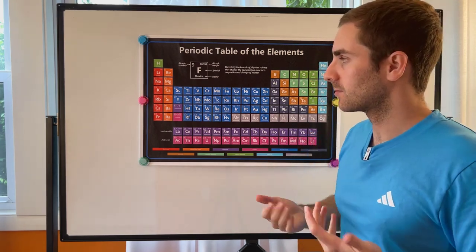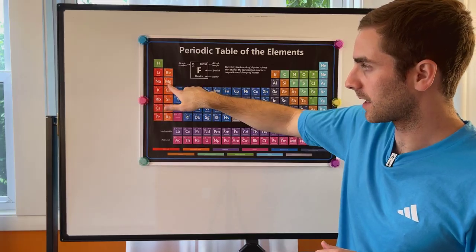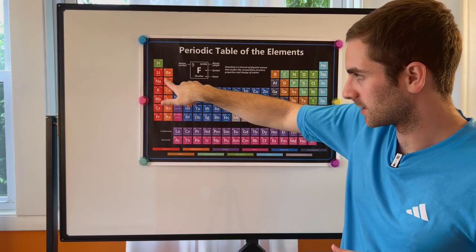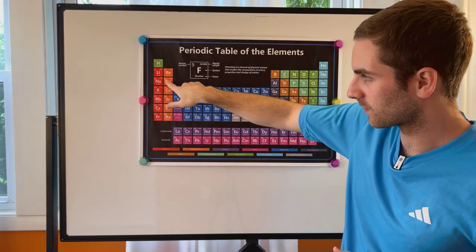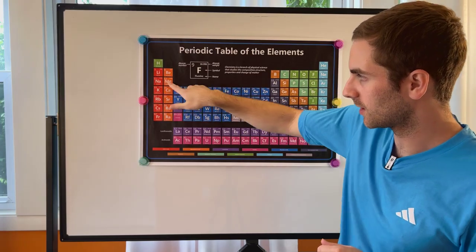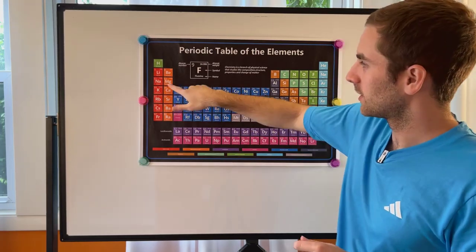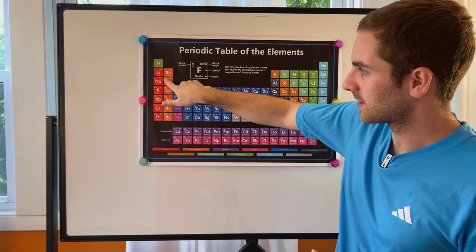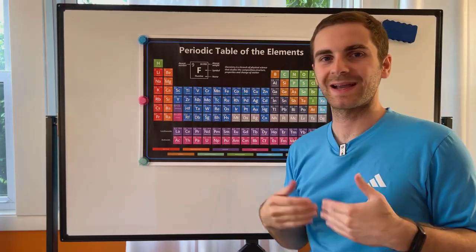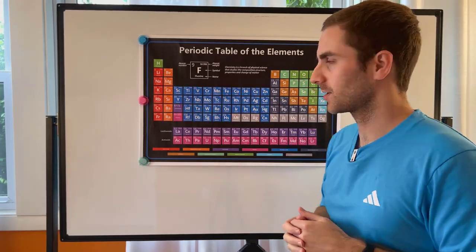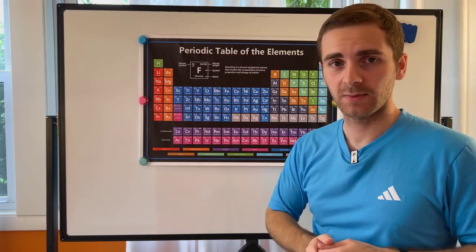Okay? A magnesium atom, Mg, I don't know if you can read these numbers, they might be too small, but if you look at any periodic table, the atomic number of magnesium is 12. So any magnesium atom has 12 protons.